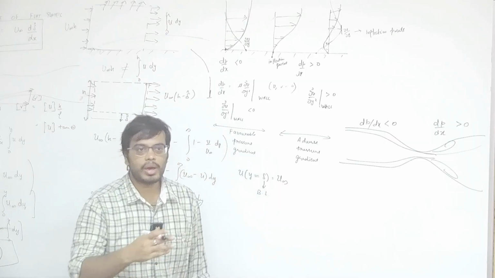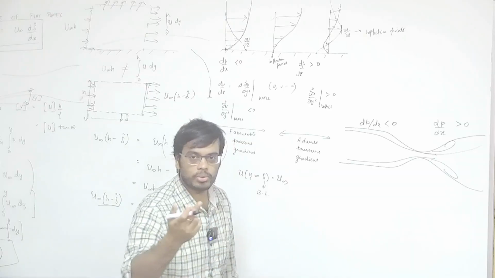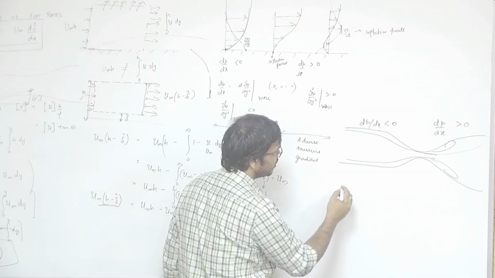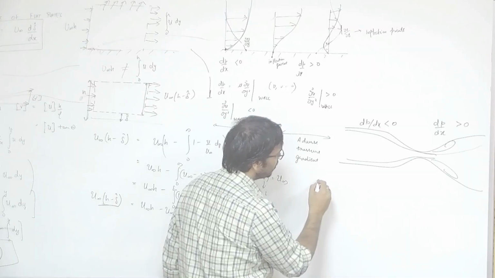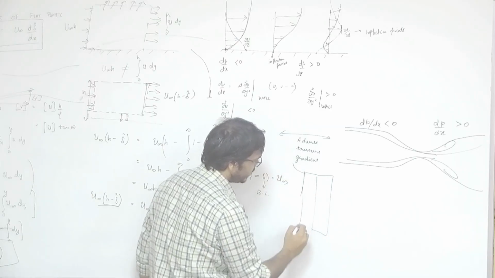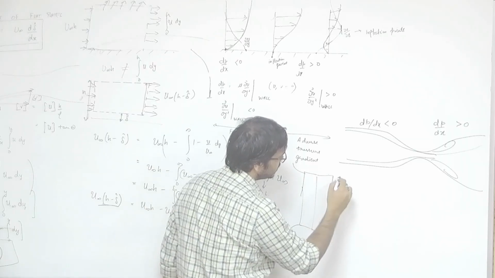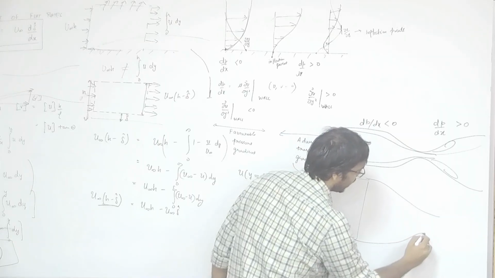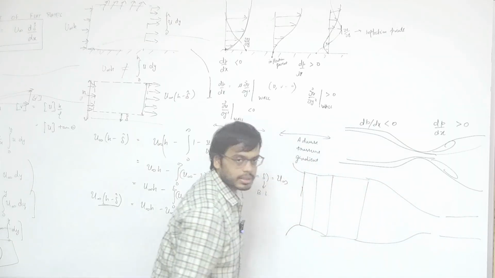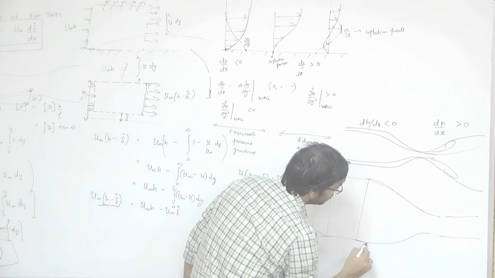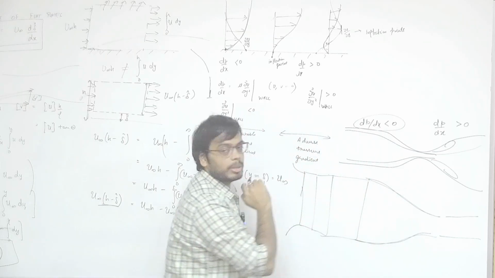I would like to connect this to the wind tunnel model that I showed in the previous class. If you remember, there was an inlet here, and then you have a region, something happening, and then there was a contraction zone here, and here we were doing the flow visualization. This contraction region is introducing a favorable pressure gradient.